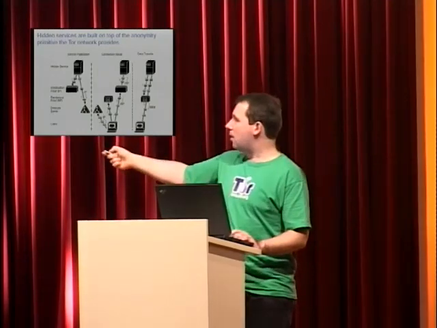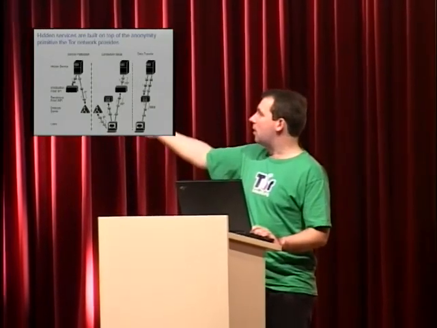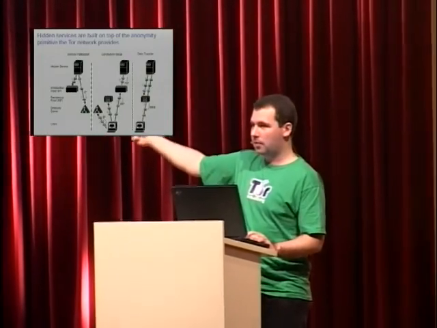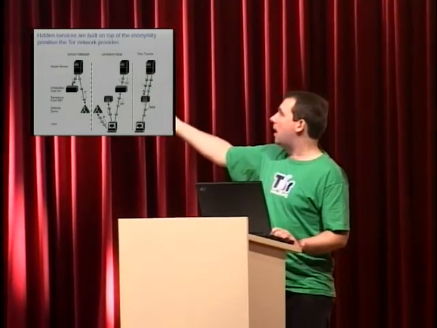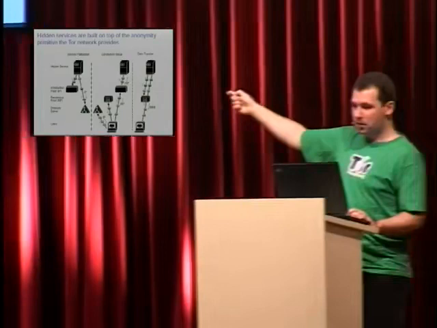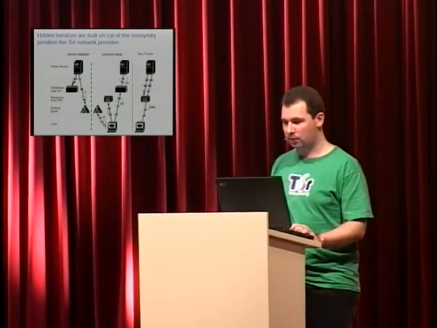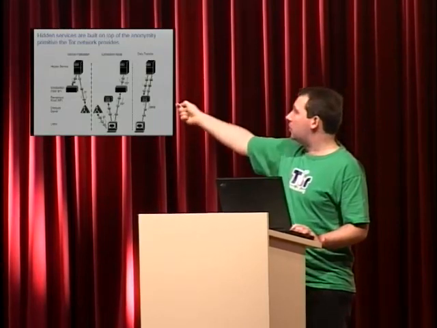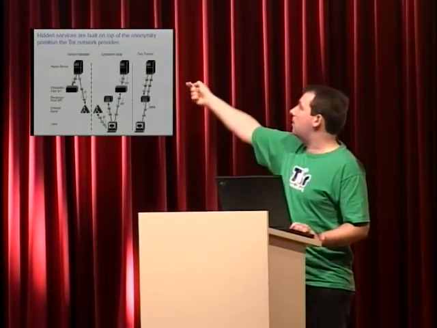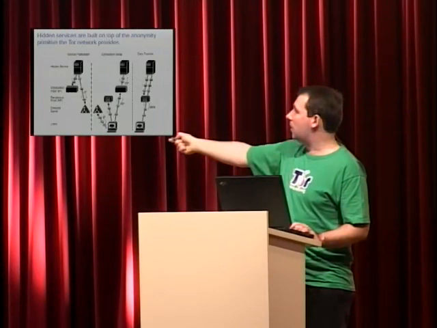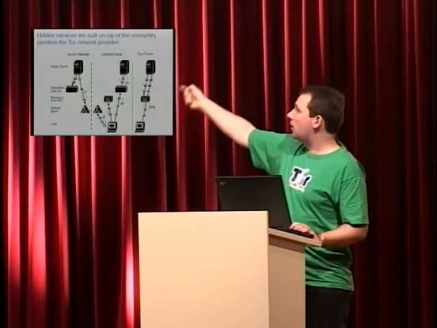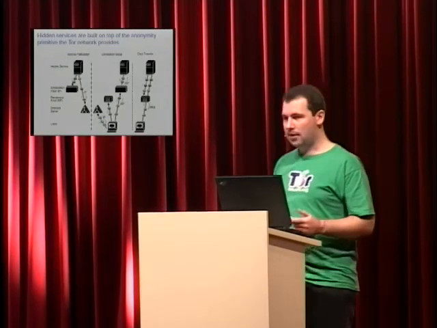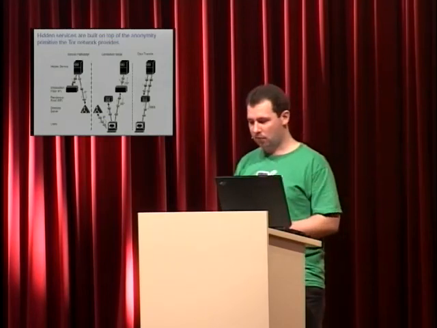And it sends the address of the rendezvous point up to the introduction point that I mentioned earlier. And that then gets passed to the hidden server itself. Then the hidden service connects to this rendezvous point, and now there's a connection going all the way from the client to the hidden service via the rendezvous point, and data can be transferred back and forth.